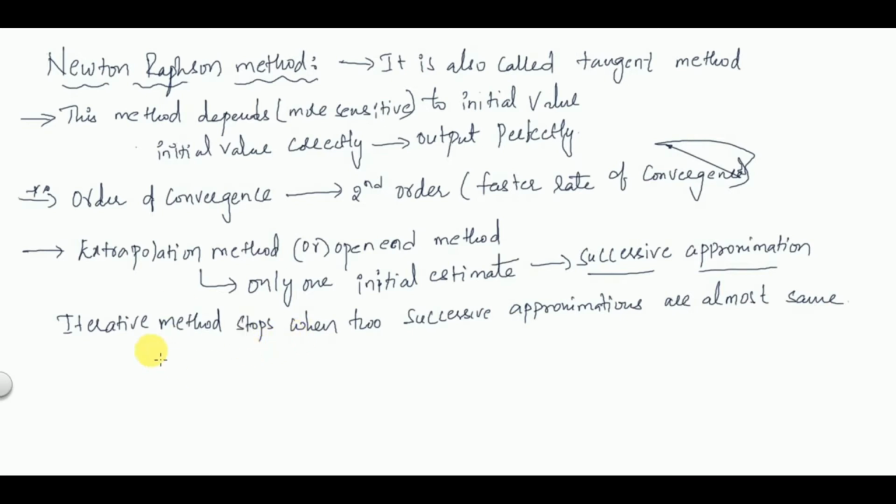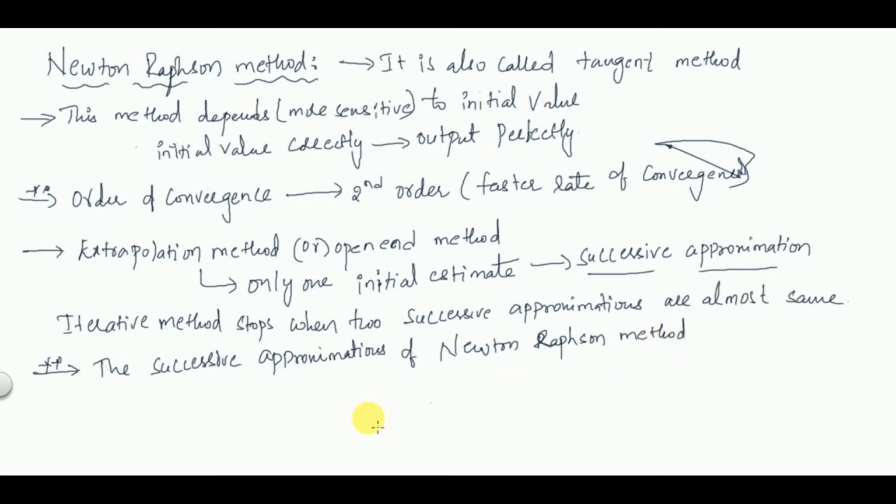The successive approximations of Newton Raphson method are found out by using the formula x i plus 1 is equal to x i minus f of x i by f dash of x i. Okay, only this formula you have to remember.